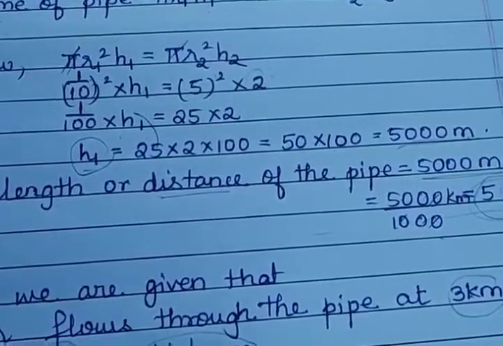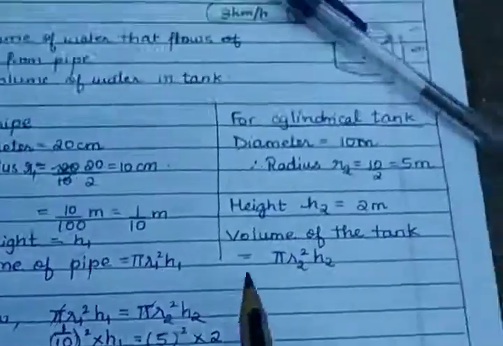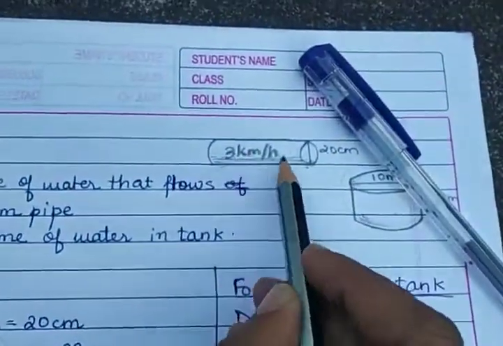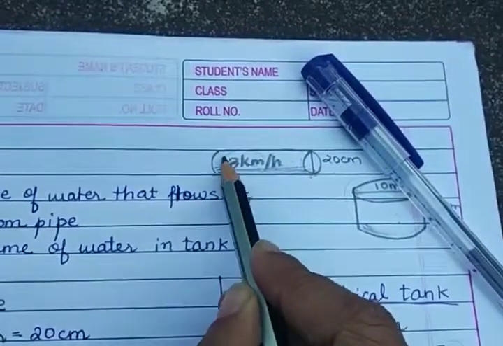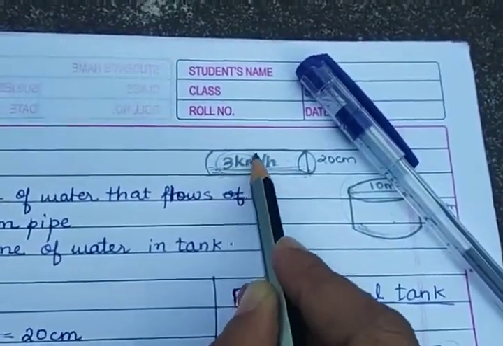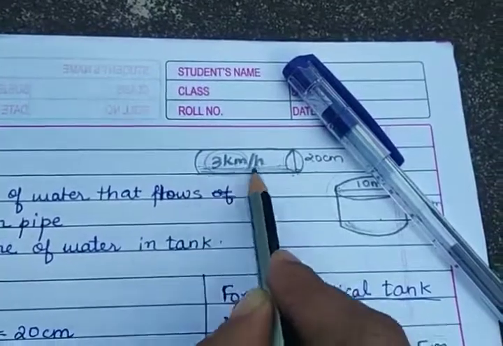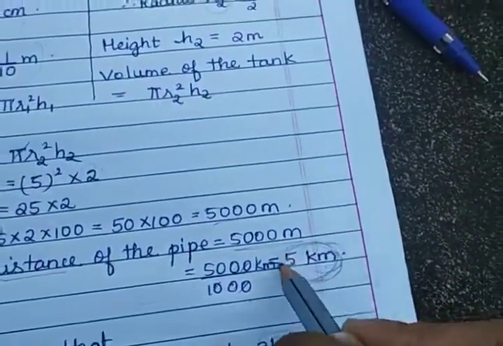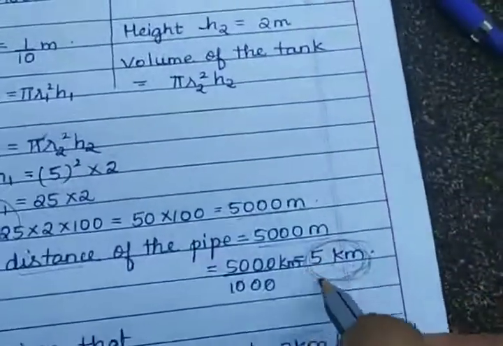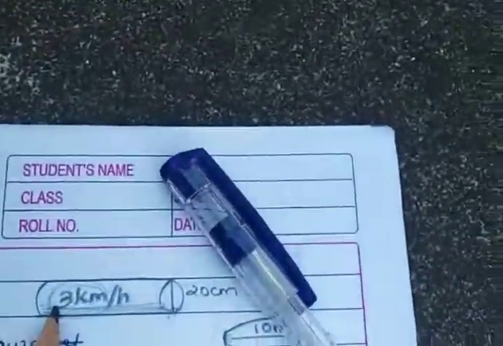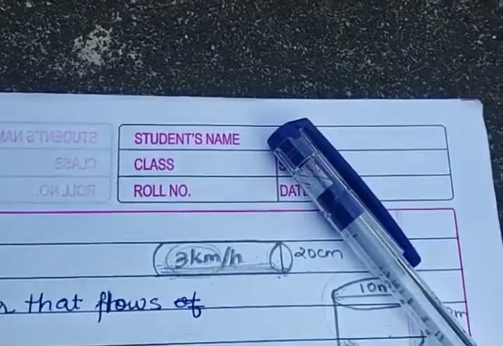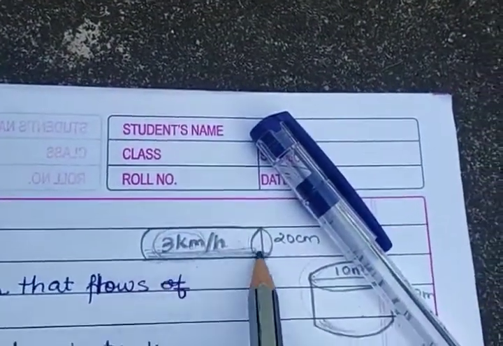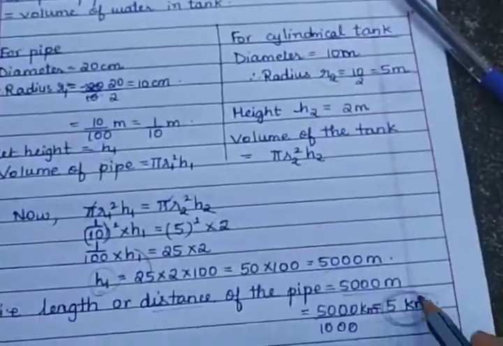Now we have to find the time. The speed given to you means that in 1 hour, this much length of water is there in this pipe. Here the length is 5 kilometers, and for this distance we have to find the time taken.